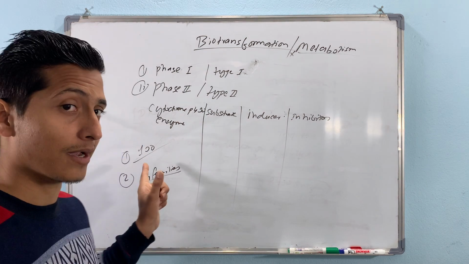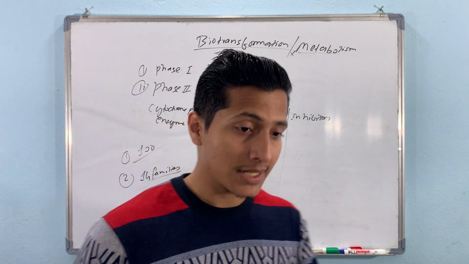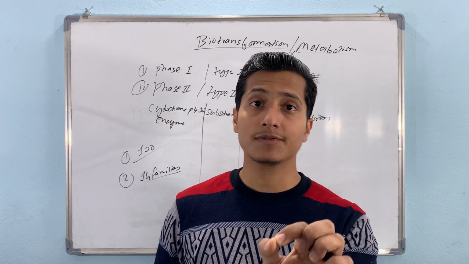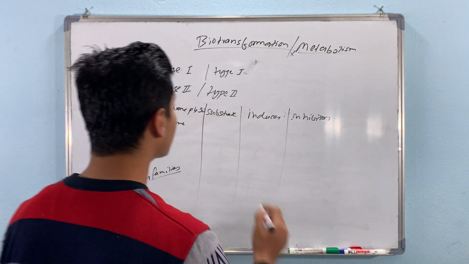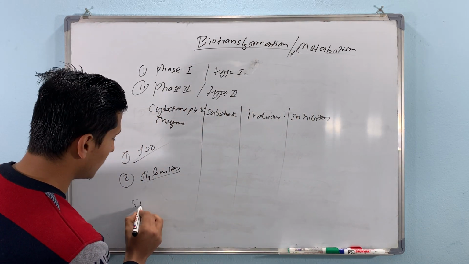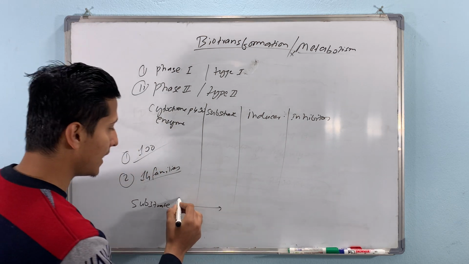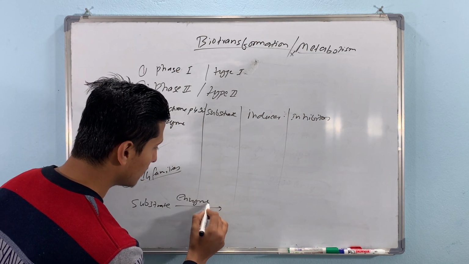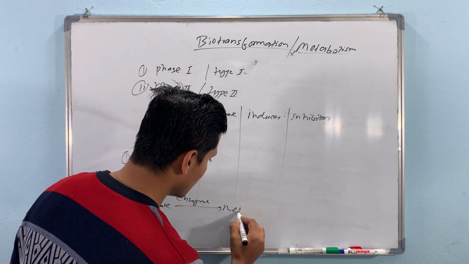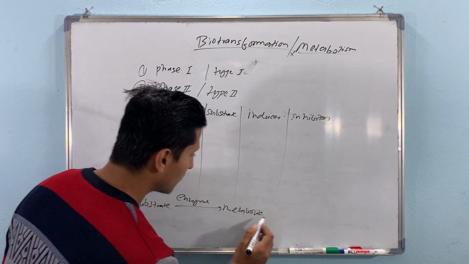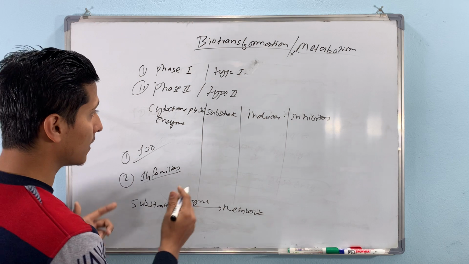Now each and every enzyme has different substrates. For example, this is your substrate. And when the substrate is acted upon by the enzymes, the substrate gets converted into the metabolite. I think everything is clear up to here now.